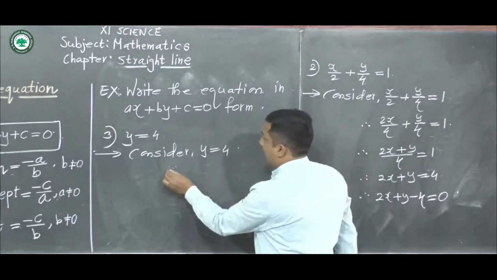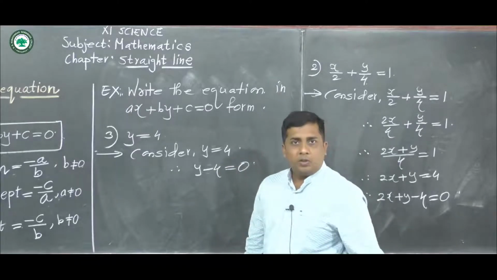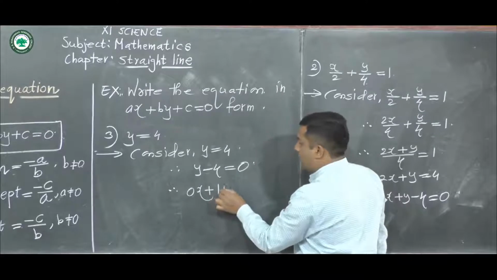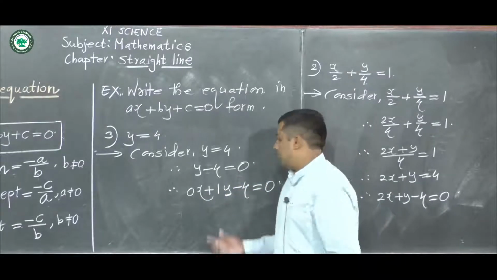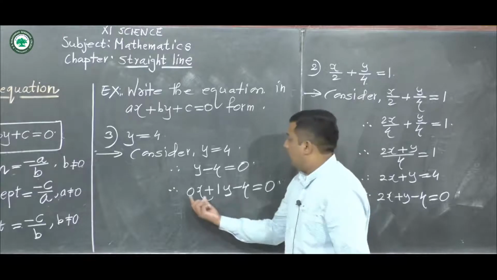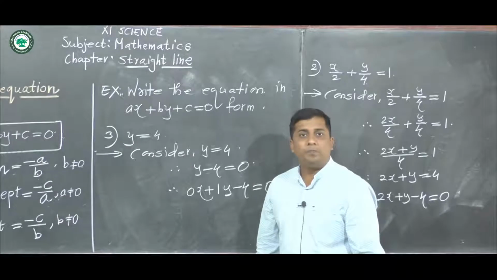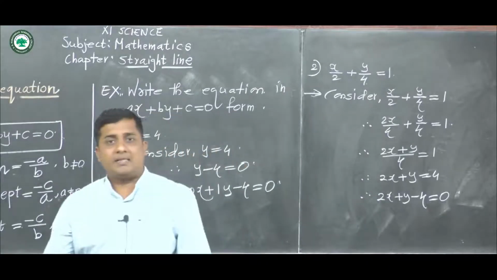Here I write this as y minus 4 is equal to 0. I write one more step: 0x plus 1y minus 4 is equal to 0. Now this equation is in the form ax plus by plus c equal to 0. Okay, so a very simple and interesting example it is.